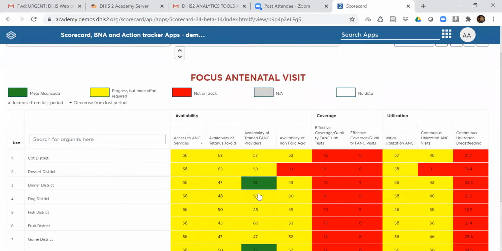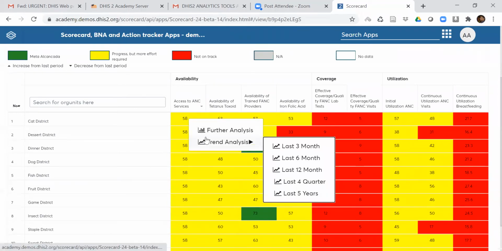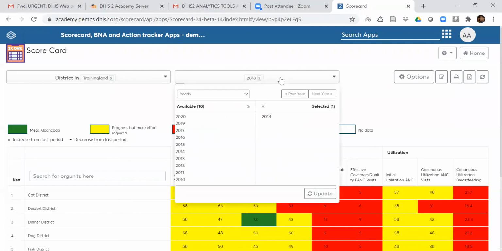By shortcuts, I can change my period dimension by right clicking on this cell for relative periods: last 3 months, last 6 months, last 12 months, last 4 quarters, and last 5 years. But I cannot change 2018 to 2019 or 2018 to 2017 very easily.